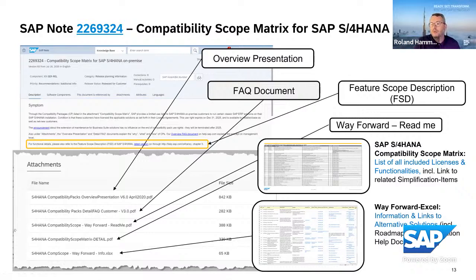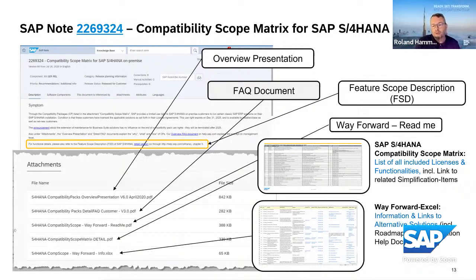This is this PDF document which lists all of the included license and functionality which belong to the compatibility scope, and also they're linked to related simplification items. And to that link I come in a minute. The second very important document is actually the so-called way forward Excel. This contains information and links to alternate solutions which are going to replace the compatibility scope solution.